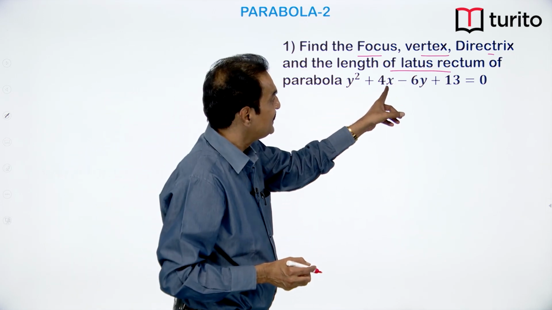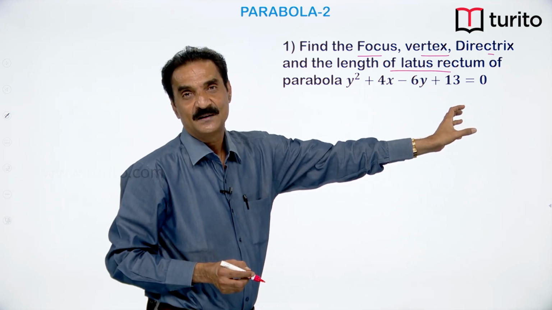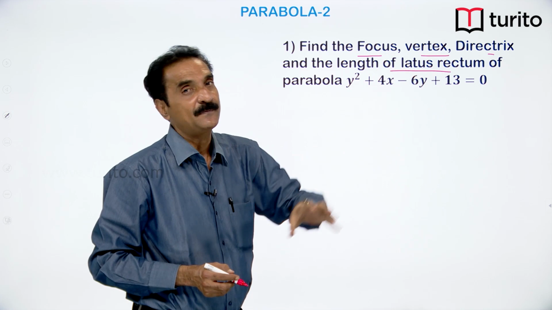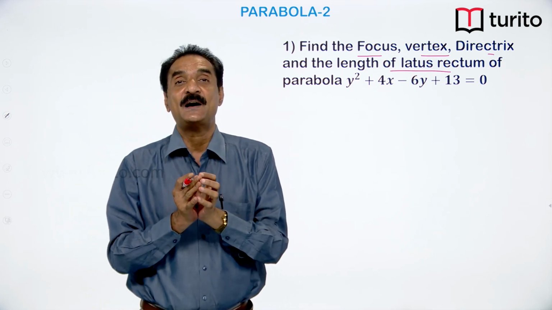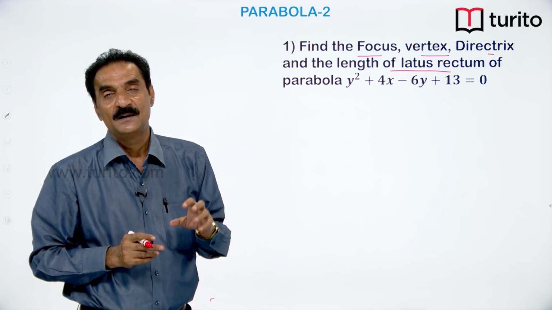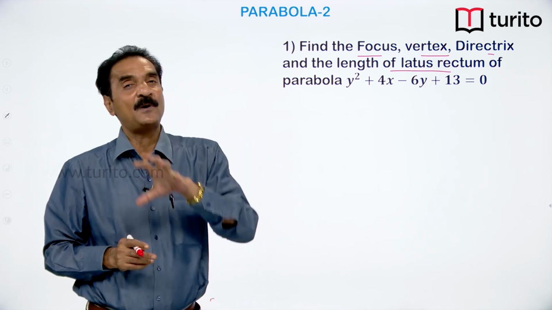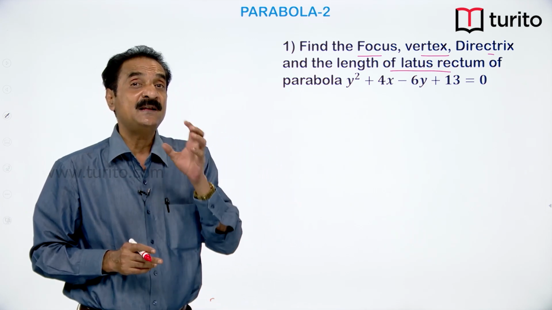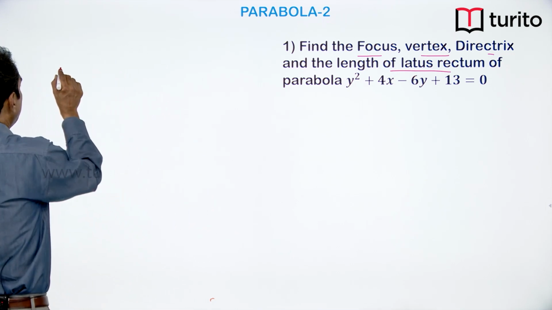Now, clearly this can be expressed as x is equal to quadratic in y. So, first you have to identify that it is a parabola having axis parallel to x axis. If the axis is parallel to x axis, the standard form of the parabola is (y minus k) whole square is equal to 4a into (x minus h).